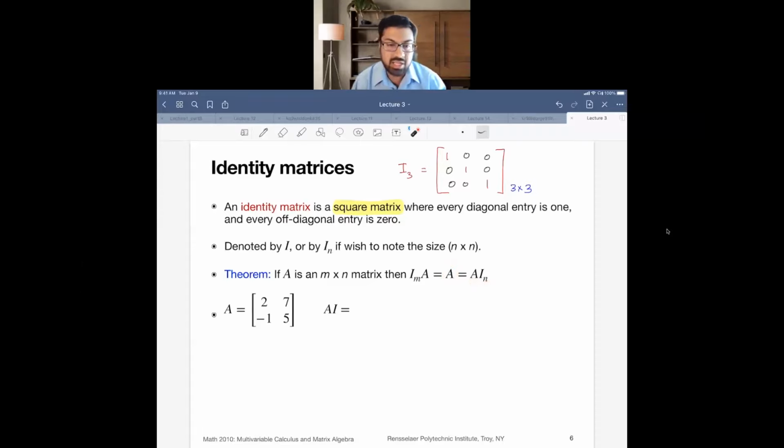Essentially, in algebra, you say if you multiply a number by a 1, you don't change its value, right? So that's how this relates to arithmetic algebra. In linear algebra, we are talking about it in terms of identity matrices. So let's take a look here.